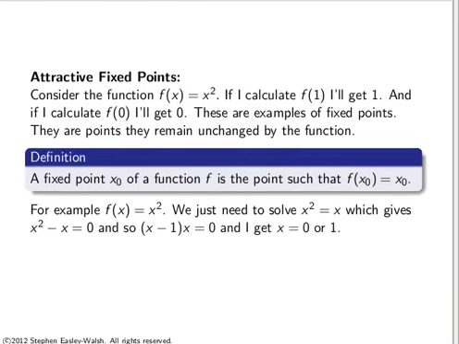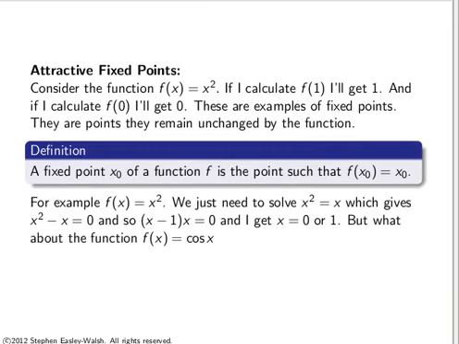Okay, now that's fine in this case, but what about if I had something like this? So what if my function was cos x? Could I try to solve it this way? Well, I could have cos x equal to x.